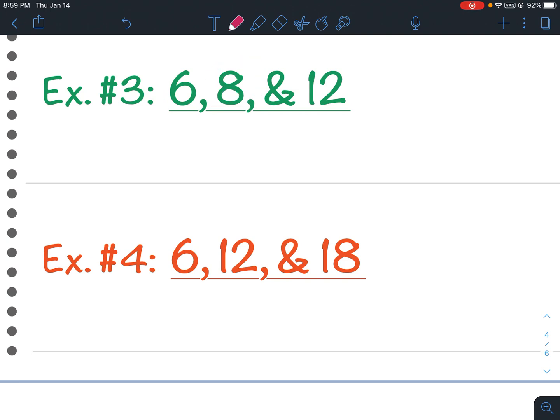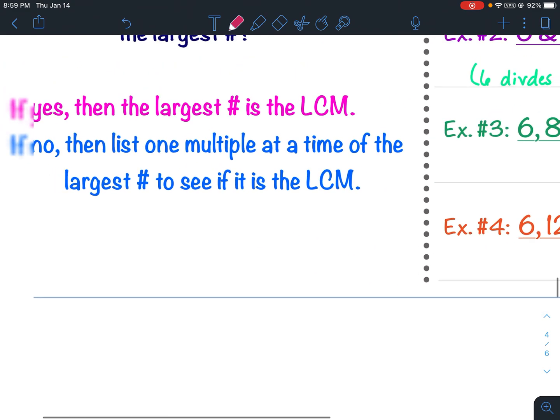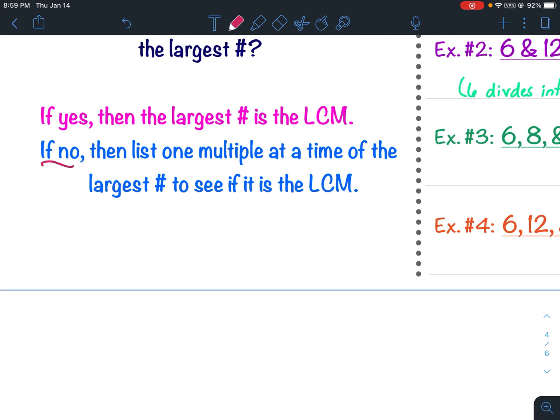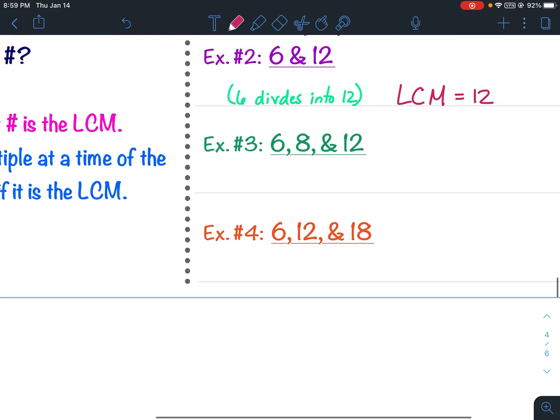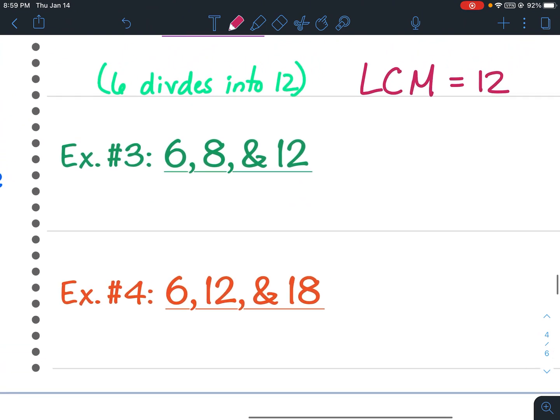All right? So if the answer is no, then you start listing your multiples of the largest number. So we'll start with 12. Yes, 6 goes into 12, but 8 doesn't.